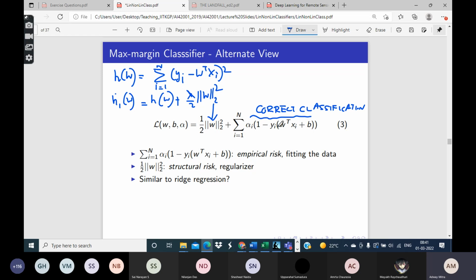Instead of calling this the objective, we can call it the loss function, and then we can also add a regularizer onto it, just like we put regularization in linear regression. So it is an alternative view of the support vector machine, in which case we will call this a new loss function.